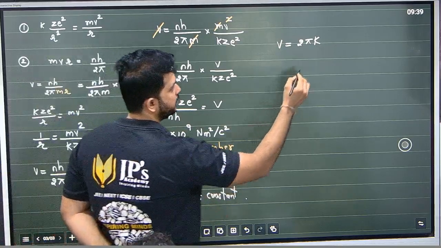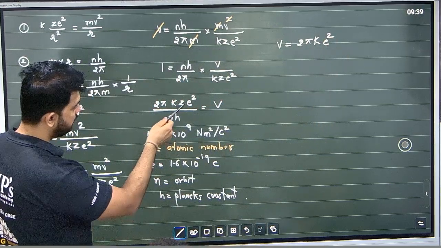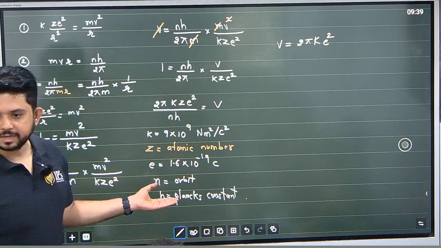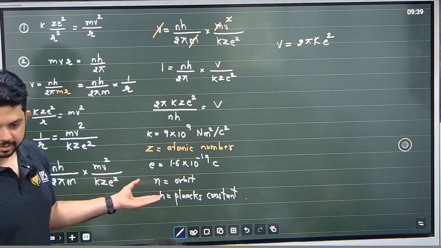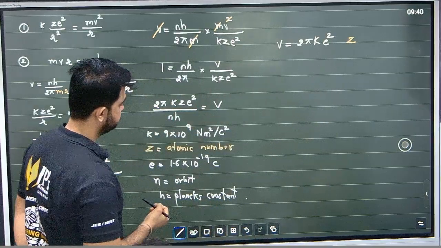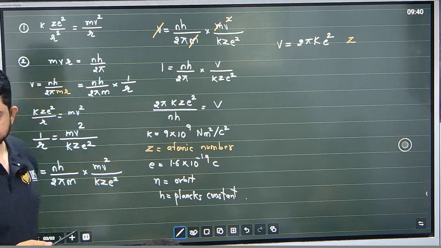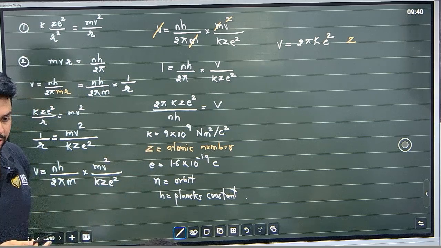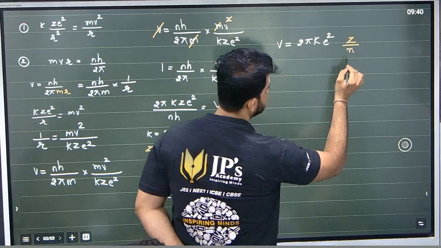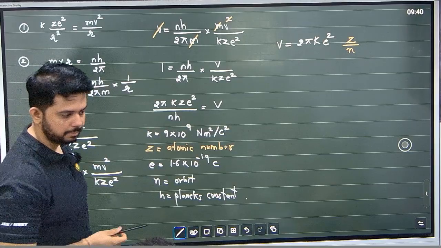So, e squared. Is Z a constant? Will Z change depending upon what atom you have? Z. Will anything else remain in the numerator? Is n a constant? Orbit number can be 1, 2, 3, and so on and so forth. What is left? h. What is h? Planck's constant.